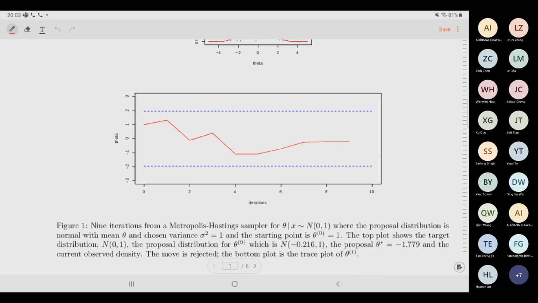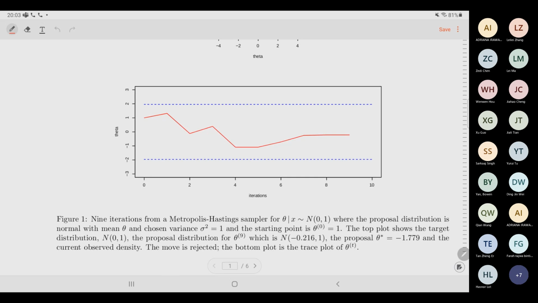And the second one is the trace plot. Trace plot means the value of theta, so this is your theta here, and the value of your theta moves. You start from your initial value, theta naught, which is equal to 1. That's why you start with 1. And you can see that the proposal, your theta star, is normal with mean theta, the current or previous value, and sigma square equals 1.